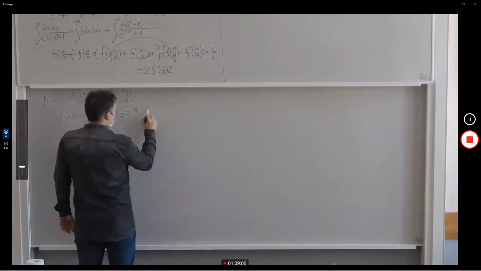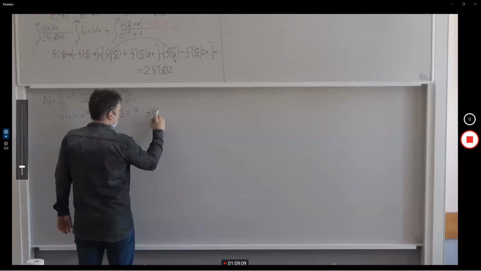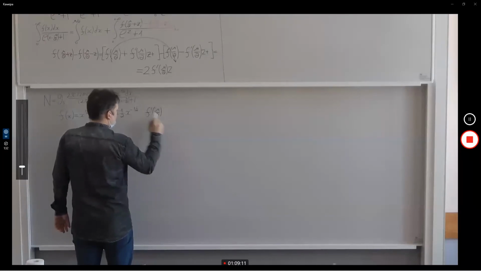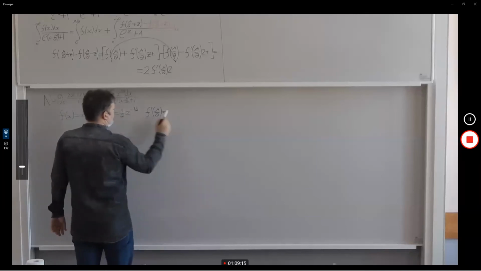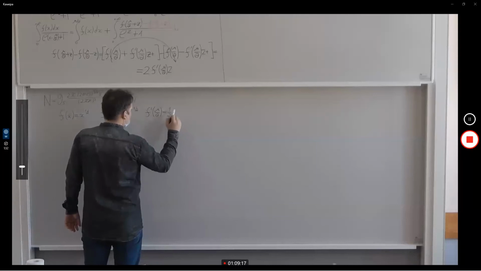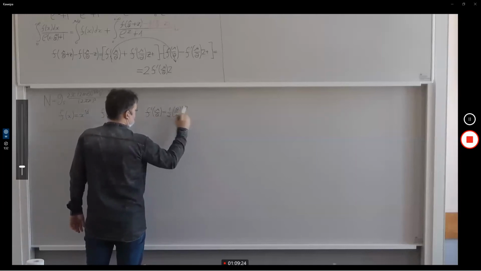And f'(μ/θ) equals 1/2 (θ over μ) to the power 1/2.